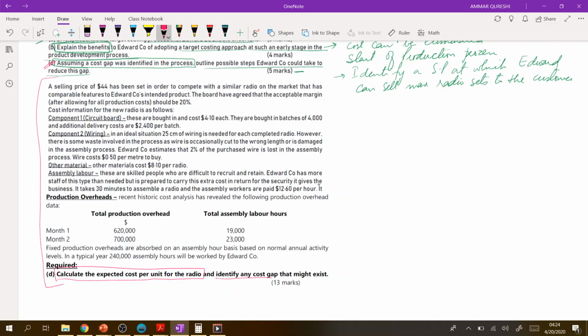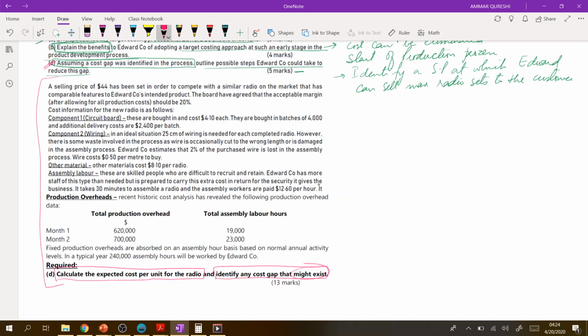And identify any cost gap that might exist. Might exist, in the sense that the examiner is saying it's not necessary that a cost gap will exist. In case you calculate and there is no cost gap, that can be a right solution, because it's not necessary that a cost gap will arise.